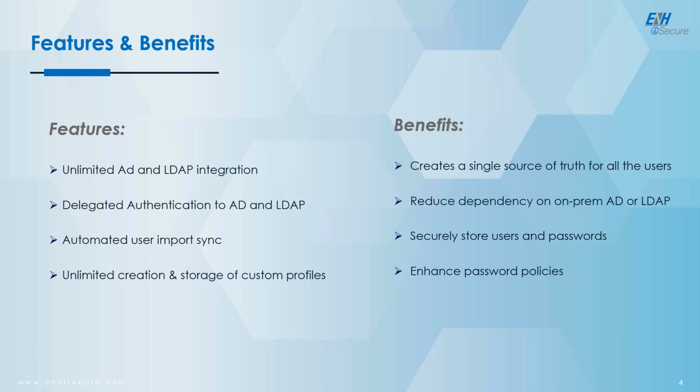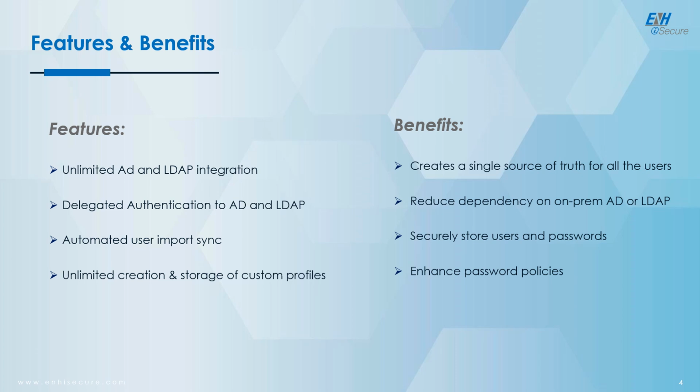Okta Universal Directory offers several significant benefits that enhance identity management within organizations. First, it creates a single source of truth for all user information, ensuring that user data is consistent and easily accessible across all applications. This centralization helps reduce dependency on on-premises Active Directory or LDAP, allowing organizations to leverage cloud capability more effectively.